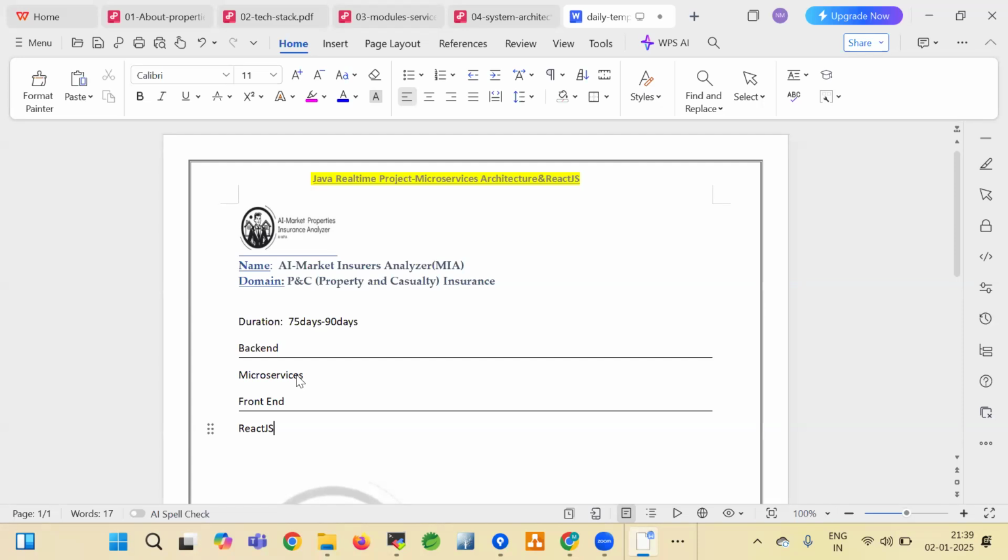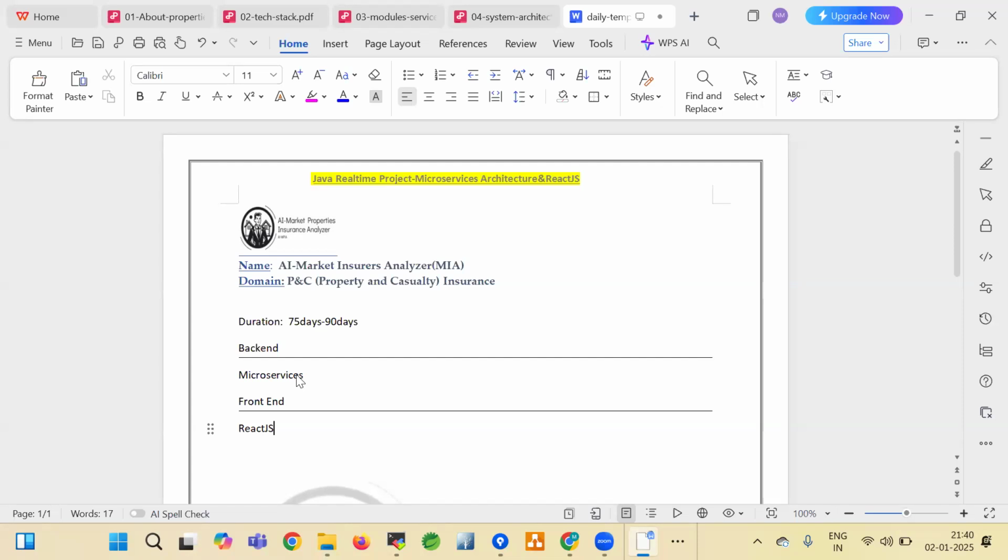Nowadays, in the market, we have a lot of insurance companies, right? The insurer here means an insurance firm, insurance company or insurance organization, which provides insurance coverage for the uncertainties that might occur.